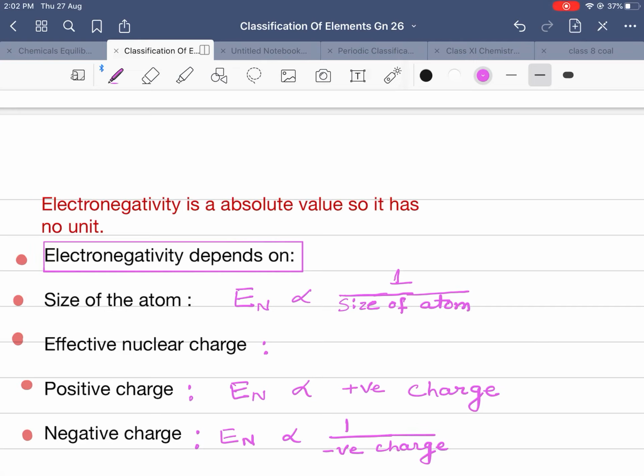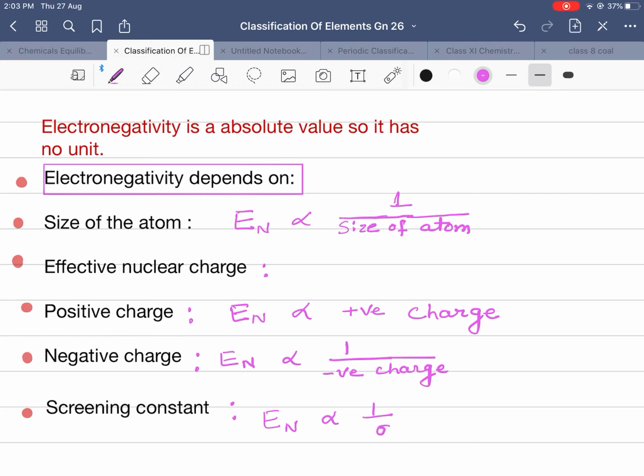Small atoms possess higher electronegativity as compared to larger atoms. And atoms having a nearly filled shell of electrons possess higher electronegativity as compared to those having a thinly populated shell.